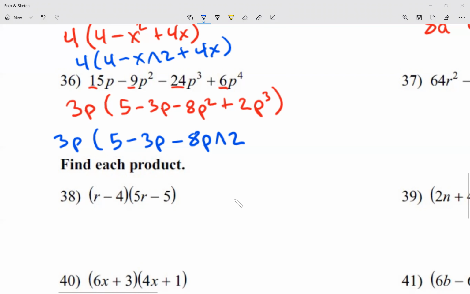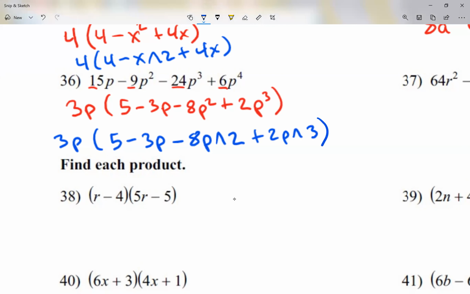And then let me go plus p to the third. Again, for exponents, we use the caret symbol. That caret symbol that looks like an arrow that's on the 6, so shift 6. That's how we type exponents.